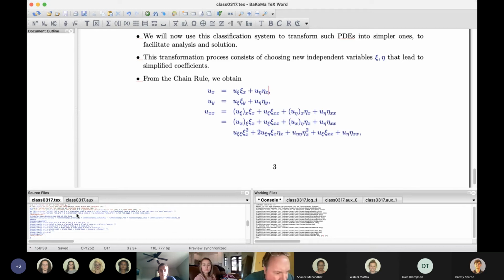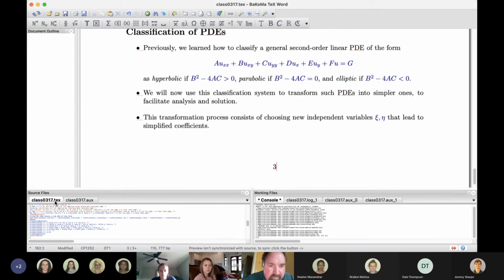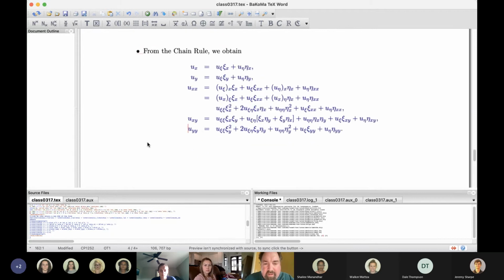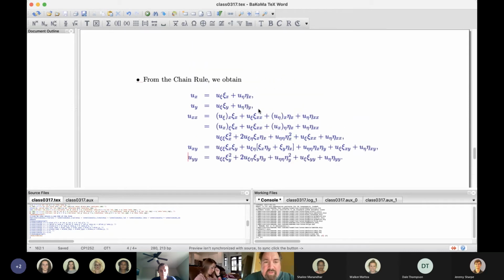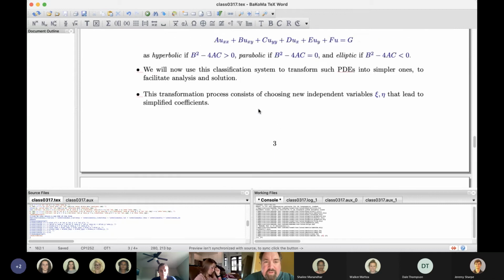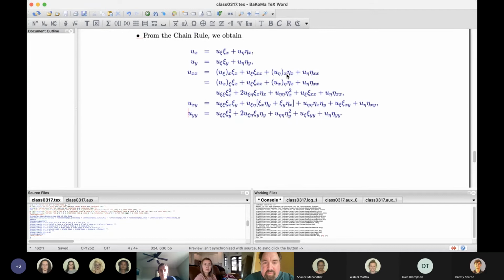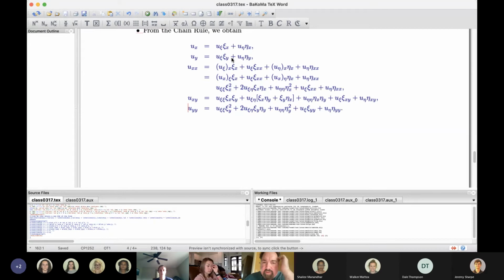Now, I could do the same for the mixed partial derivative, u_xy, and then u_yy, using the same chain rule ideas. So now I have all the derivatives from the original general second order PDE rewritten as partial derivatives with respect to only ξ or η.